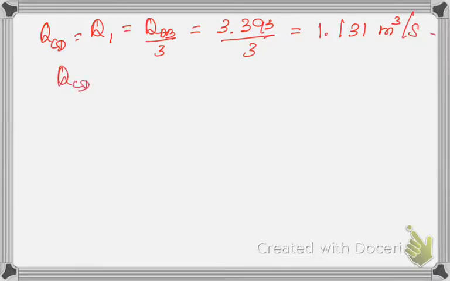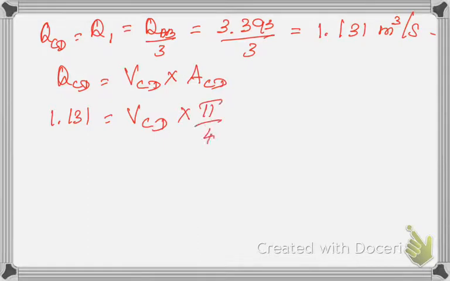My QCD is nothing but VCD into ACD. The VCD value is the one I have to determine, and QCD I have determined as 1.131, equal to VCD into pi by 4 into 0.8 square. So the only unknown is going to be VCD. So VCD is going to be 2.25 meter per second.